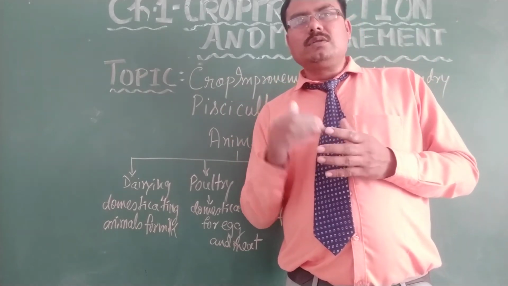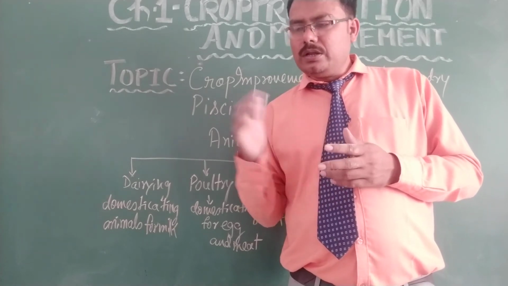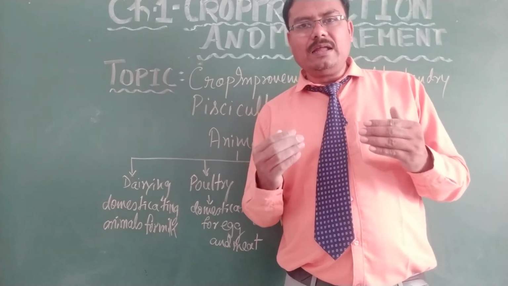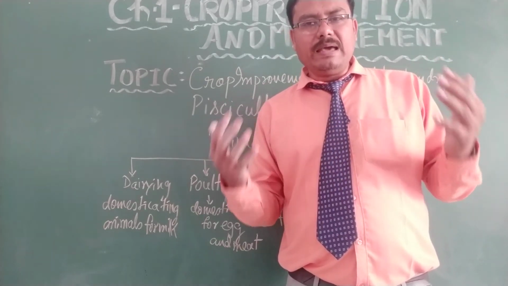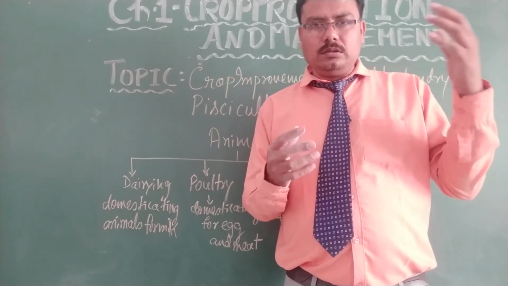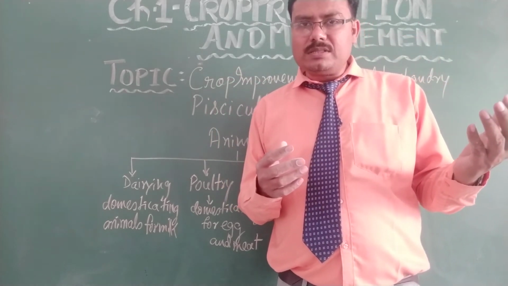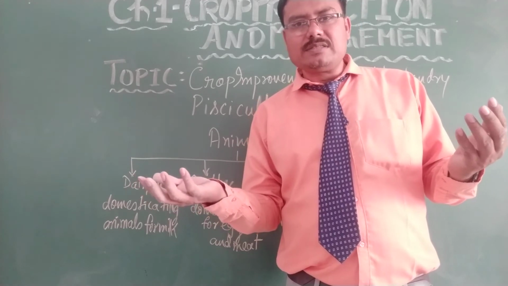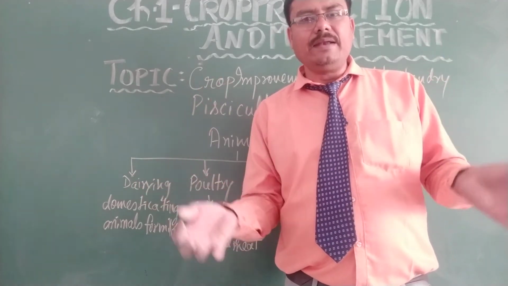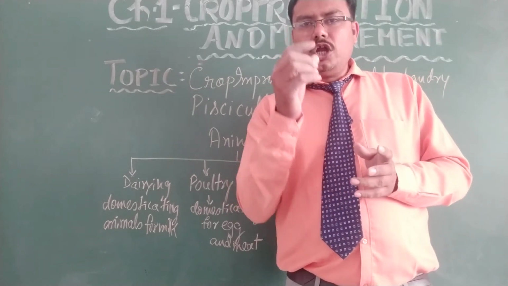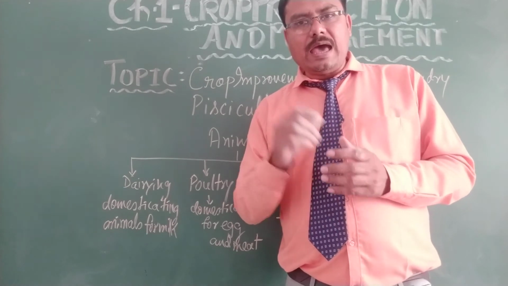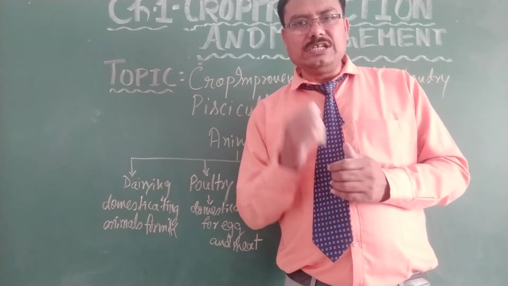So what scientists do nowadays is take good quality seeds and, by cross breeding, mix the characters of two seeds together, one good character from one grain seed and another good character from the other. They took out those genes from the two seeds, mixed them up and made a new variety of seed. That is called cross breeding, and this is called improved seeds.